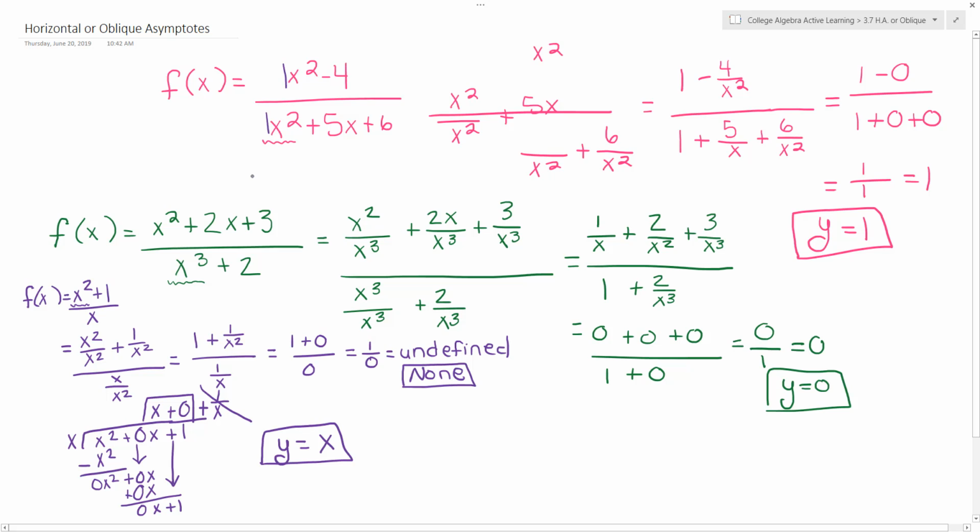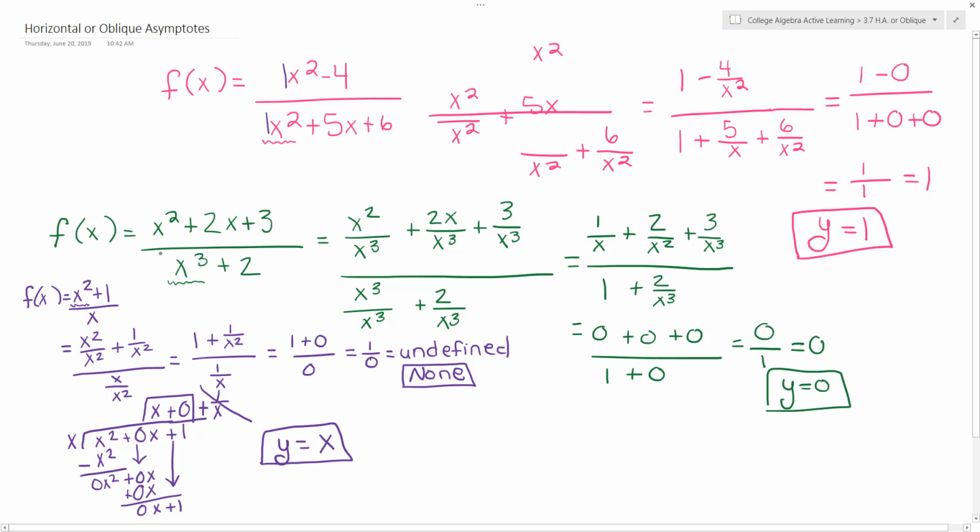Well, the horizontal asymptote will always be the leading coefficient divided by the leading coefficient. So 1 divided by 1 is 1. And so that's why our horizontal asymptote is what it is. I don't necessarily want you to memorize that, but it's something to observe. So for example, if these were different values, like say a 2 and a 3, then it would be y equals 2 over 3, so 2/3.